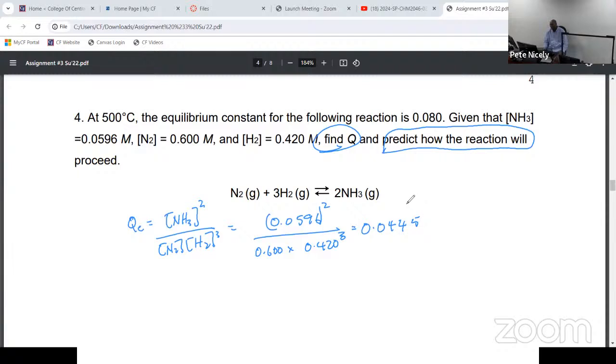Now, in order for us to do that, we have to compare QC to KC, and which one is larger? Of these two, which one is larger?